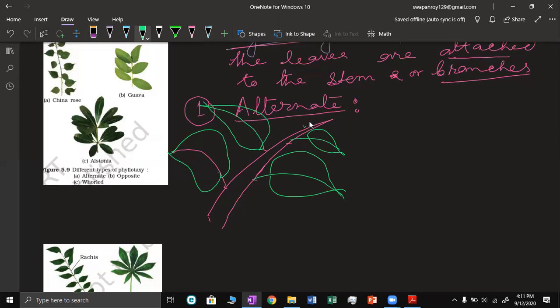See, if we start from here, this is the third leaf on the same side or in a similar position, but a little bit above the previous one. Alternate leaves are on the same side or same position.